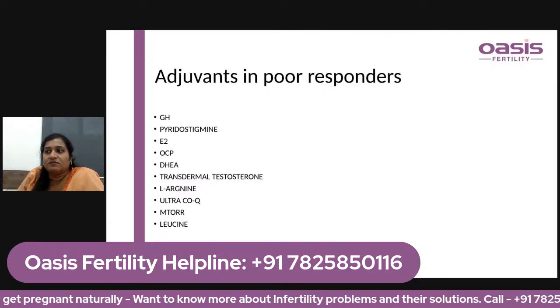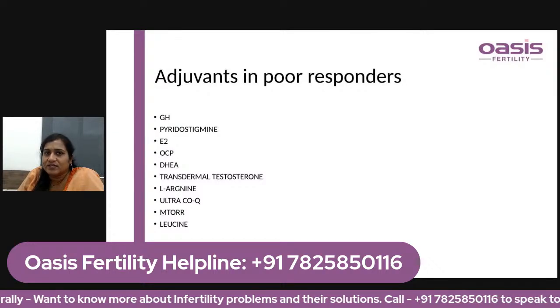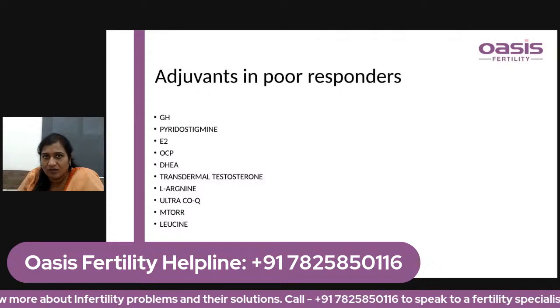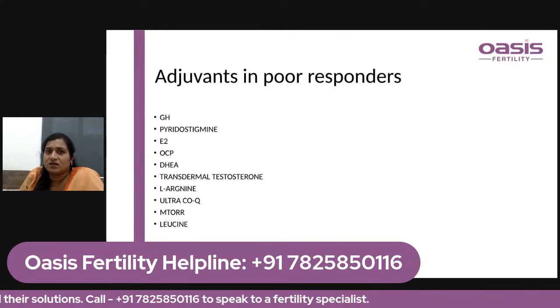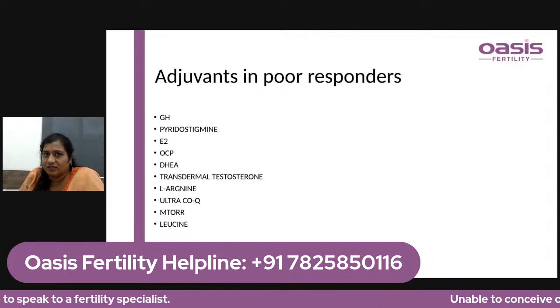DHEA, definitely. These are basically androgens, male hormones, but they do have a role in the female body also. All females have a small amount of androgens in our body, which is definitely going to increase the quality of the eggs.